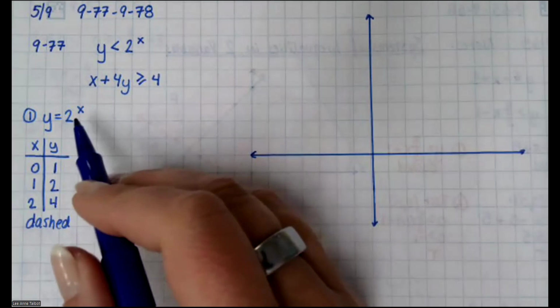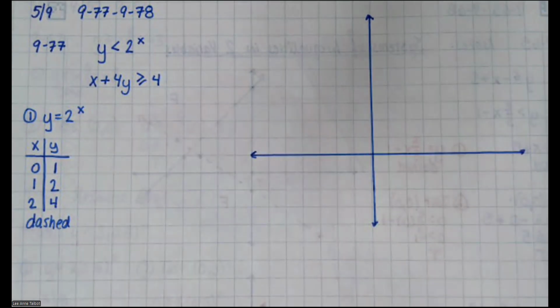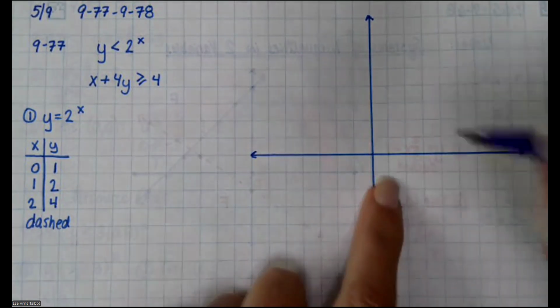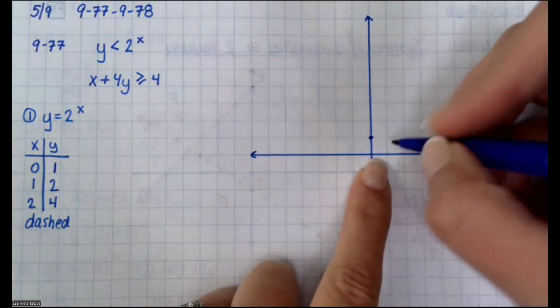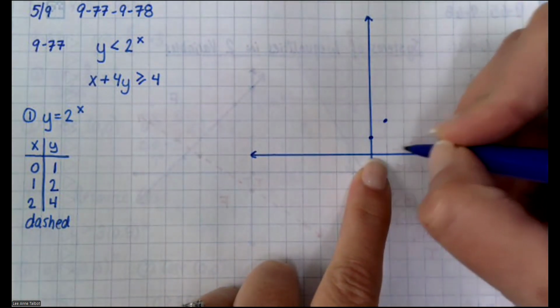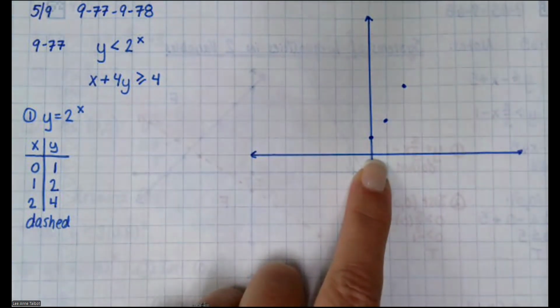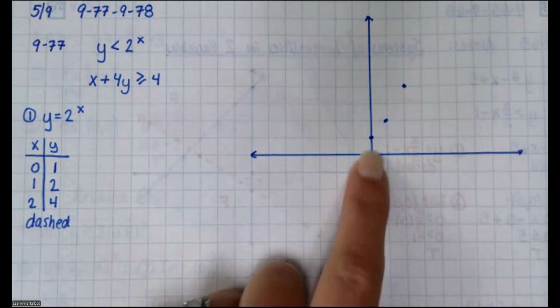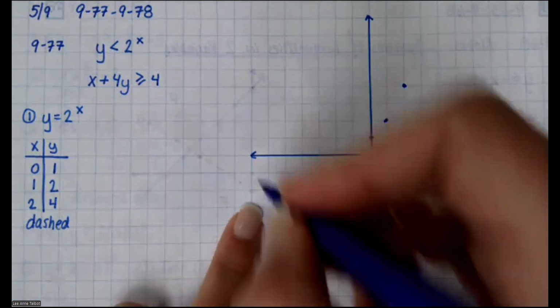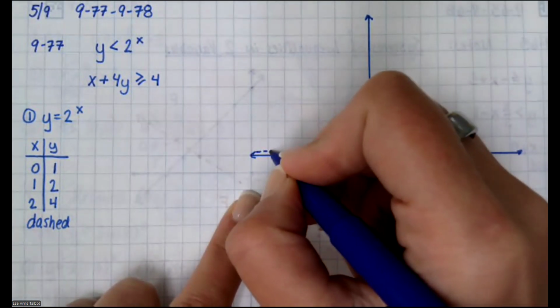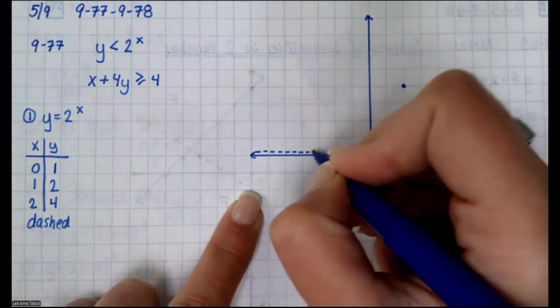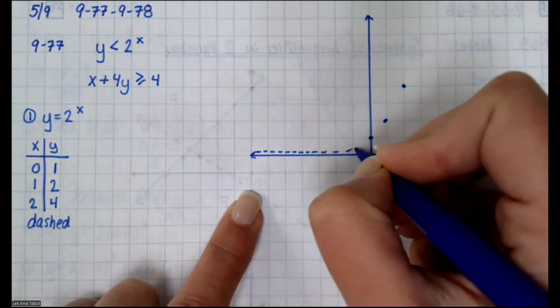Also, you could think about a 1 being in front of this, and that would be your a. So 0, 1, 1, 2, 2, 4. You can kind of get the idea of the curve and then make sure to dash it. Try not to touch the x-axis, it's hot lava.